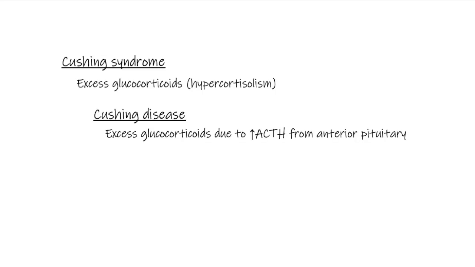When the body is exposed to excessive glucocorticoid activity for a prolonged period of time, the resulting condition is called Cushing's syndrome. Cushing's syndrome is an umbrella term describing the presence of excess glucocorticoids, or hypercortisolism, and can have several causes. When Cushing's syndrome is specifically caused by a pituitary ACTH secreting tumor, the condition is called Cushing's disease.